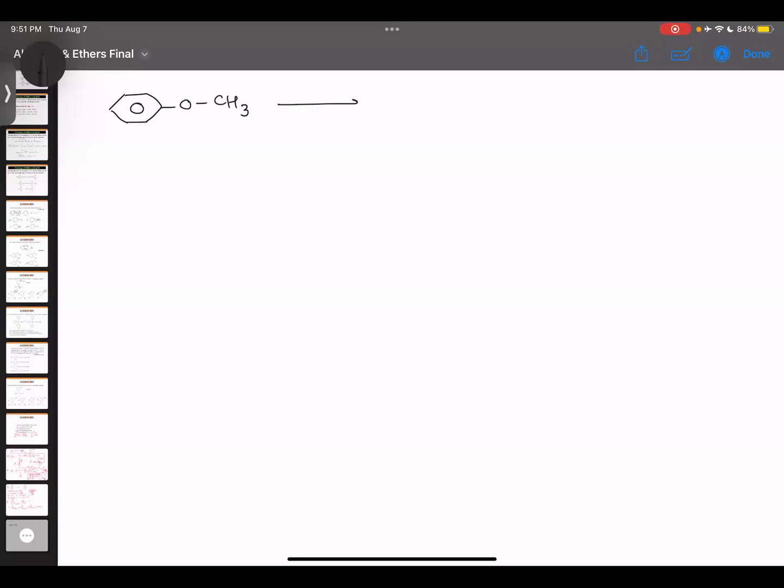And just now I told you, whether you take HI 1 mole, 2 mole, or 5 mole, or any moles, you are not going to break this bond because of the resonance. So what will be the answer?